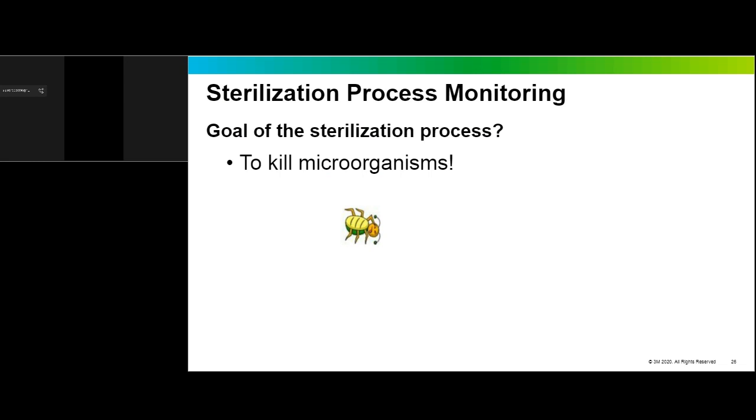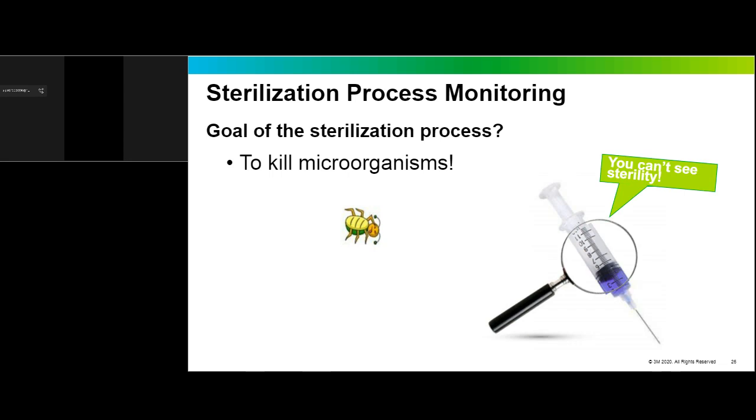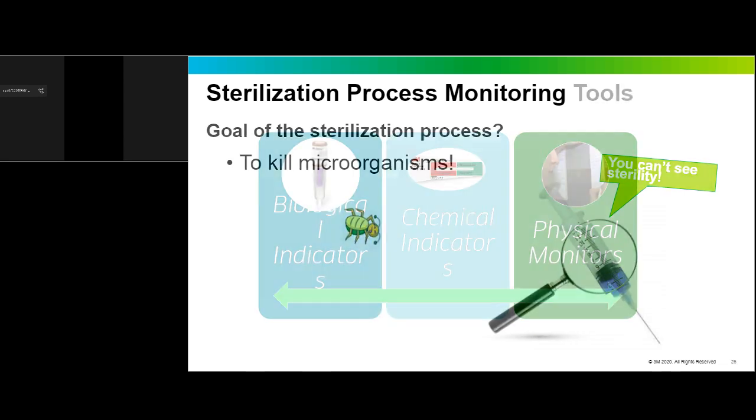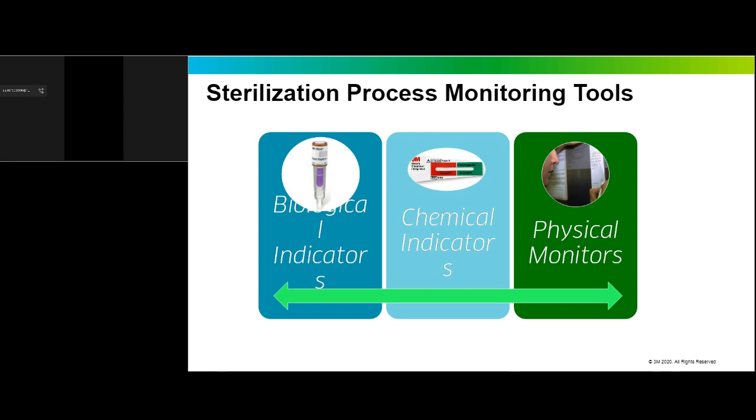However, you can't see or inspect that sterilization process. You can't tell by looking at a device whether or not something is sterile. And we therefore rely on a suite of monitoring tools, because what we want to do, and I apologize, this slide is messed up, is gather information about the process to demonstrate that it was effective.